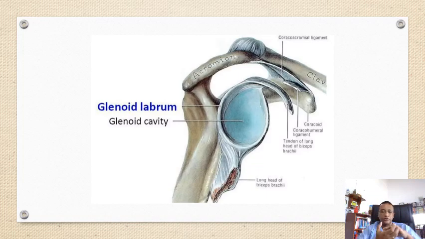Now you can see in this picture how the head of the humerus comes and joins with the glenoid cavity. You see, it's not deep; it's shallow, and the shoulder joint has a wide variety of movements. That's why it gets dislocated more easily than other joints.